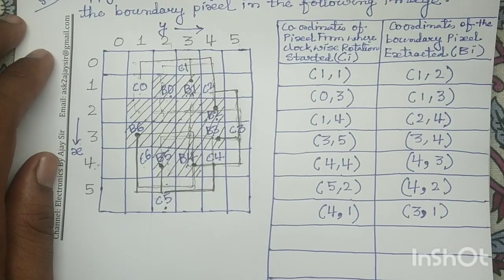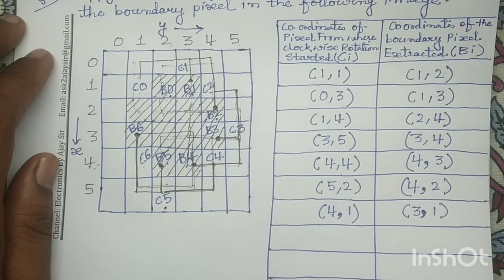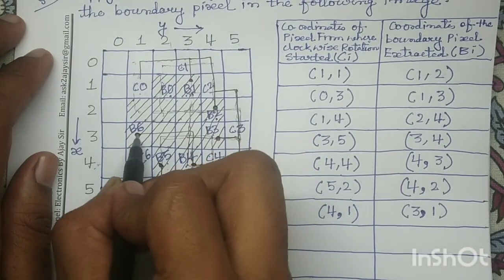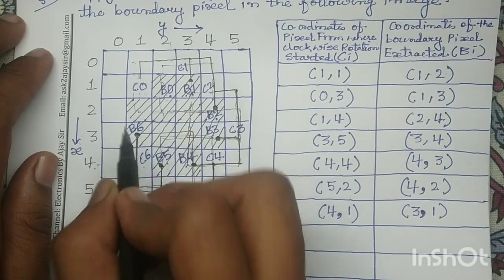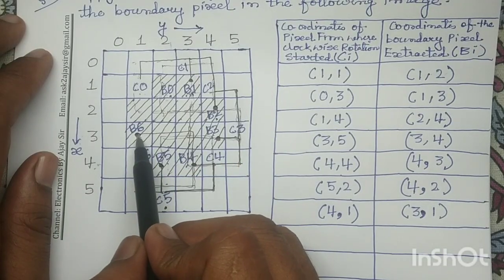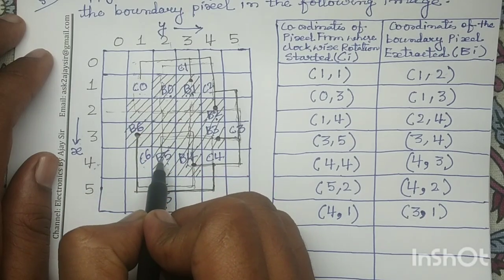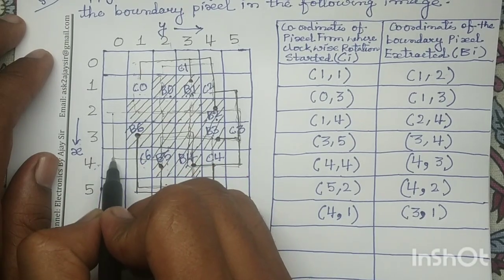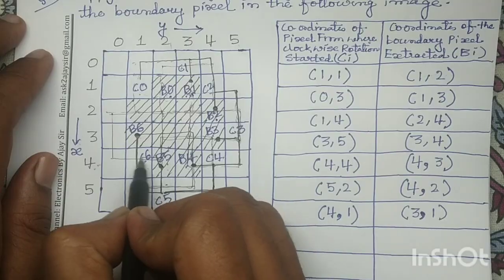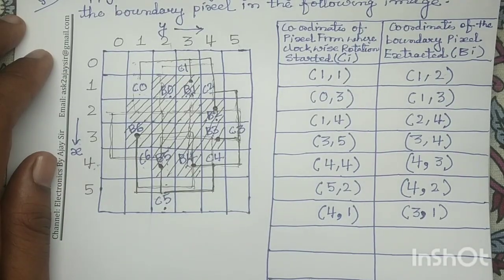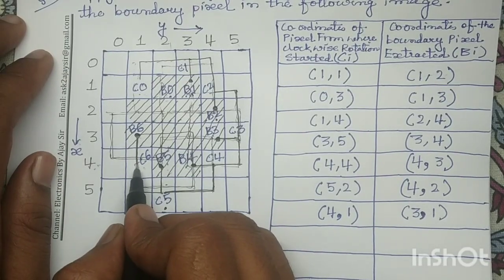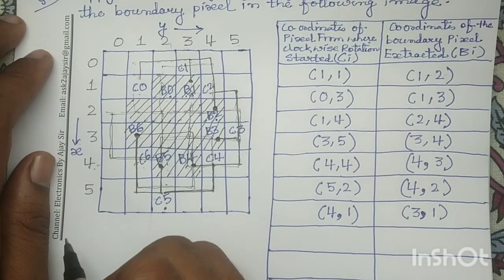Next in the seventh iteration, we will target the 8 neighborhood pixels of B6. The 8 neighborhood pixels of B6 look like this, and from C6 we will start moving in a clockwise direction and observe what is my next boundary pixel that we will reach.